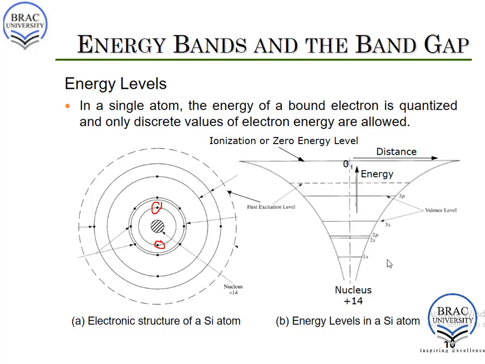This is the energy level of these 2 electrons. Then there are another 2 electrons in the 2s orbital. They have a higher energy than these 2 electrons, but also their energy is fixed. That is shown by this line here, which indicates 2s.